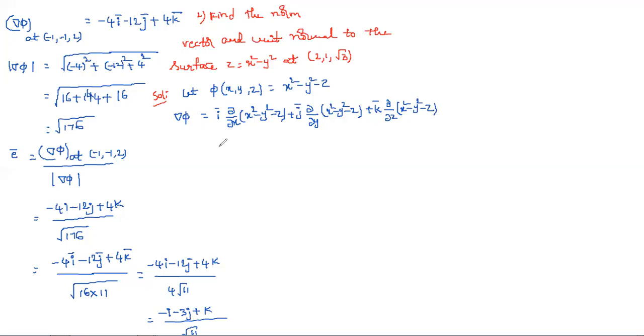Now simply apply partial derivatives. With respect to x, the derivative of x square is 2x, and the rest are constants. Plus j into minus 2y, plus k into minus 1.